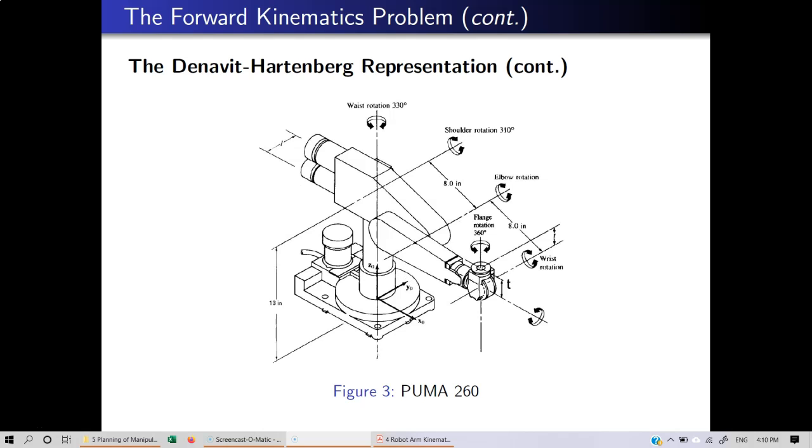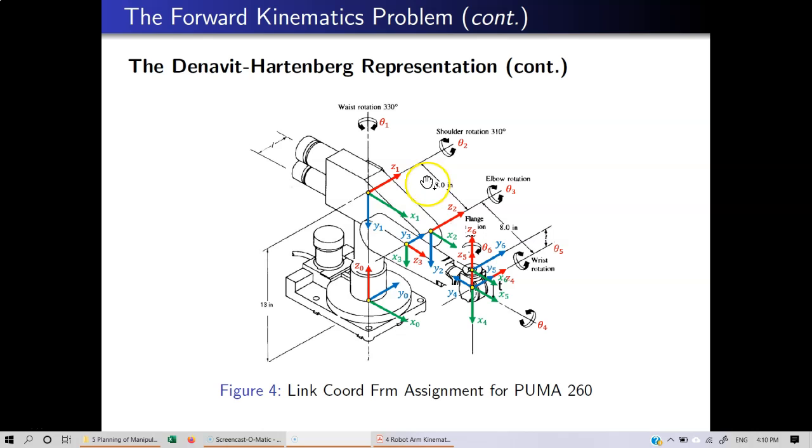According to the algorithm, Z1 should be along the axis of rotation of joint 2. This is the axis of rotation of joint 2. Here we have established all the coordinate frames. Let's see how we got this. This is Z1, and according to the algorithm, the sequence is to determine the Z-axis, the origin, the X-axis, and then Y. So this is Z1.